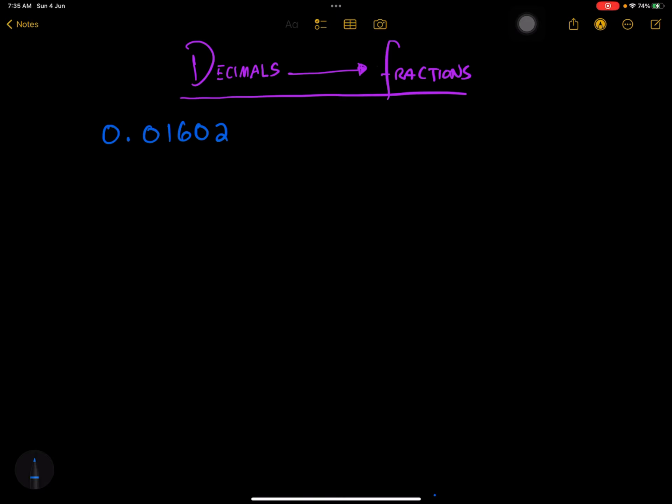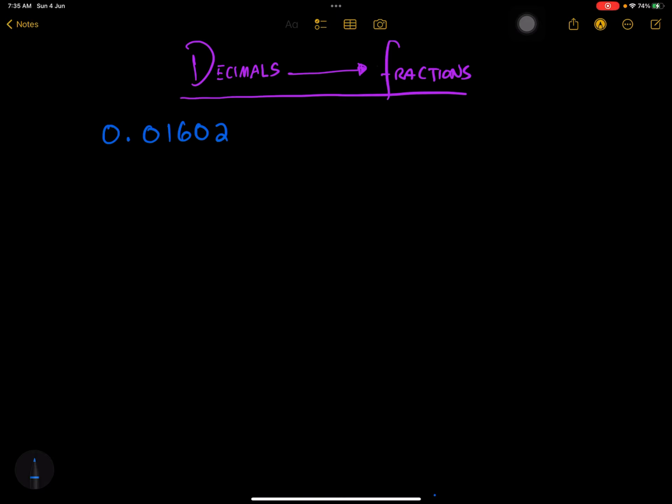Because if you take a number like 2, the decimal point is not in front, it's to the right. So we want to make this decimal a whole number. To achieve that, we are going to move it.